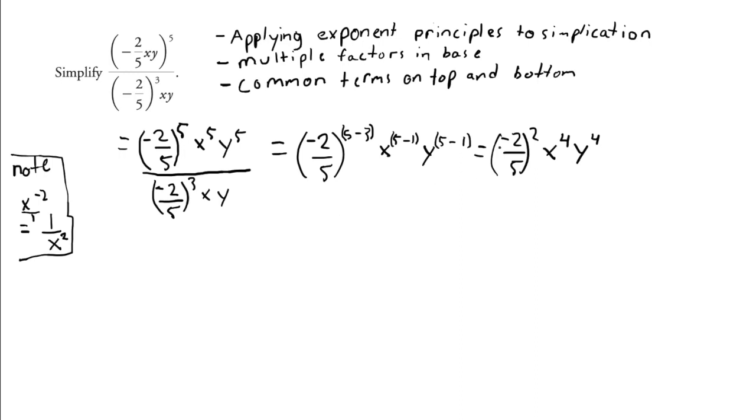And now we can simplify this part of the expression even further. Well, we can expand it. So the squared term applies to the top and it applies to the bottom. So you have to square everything that's at the top and everything that's at the bottom.